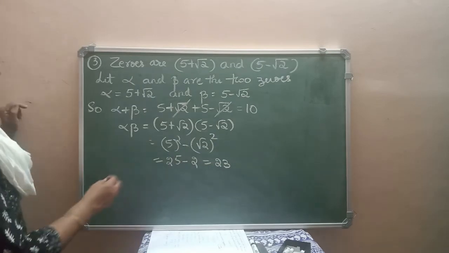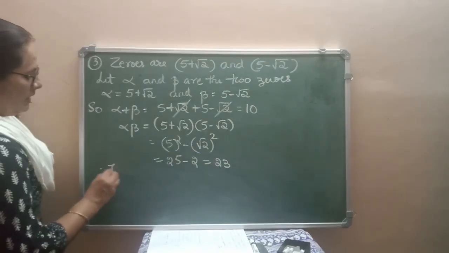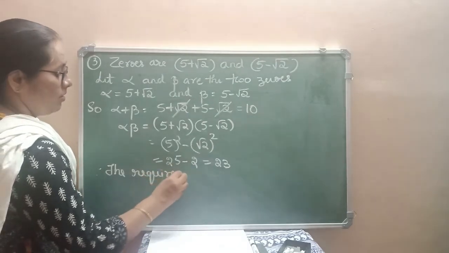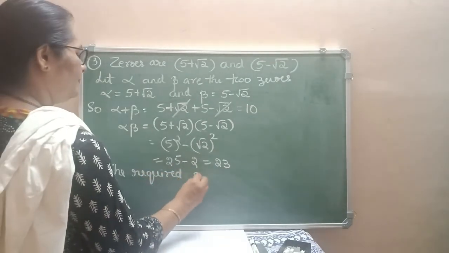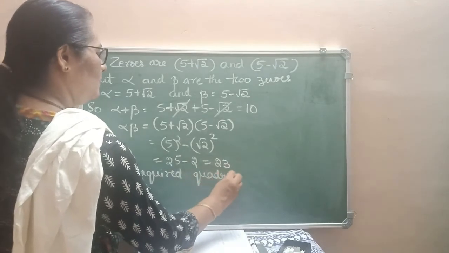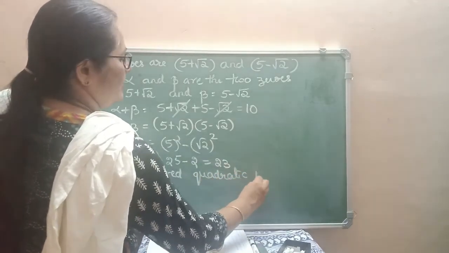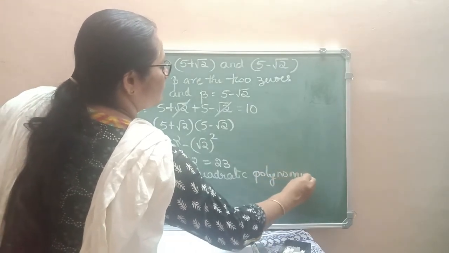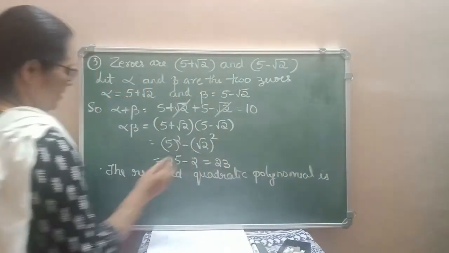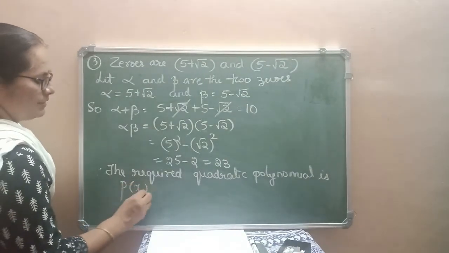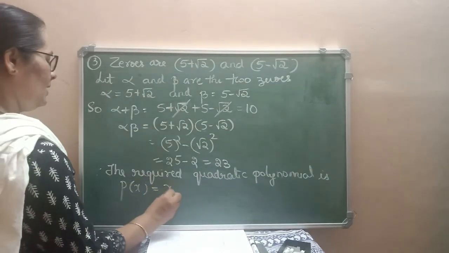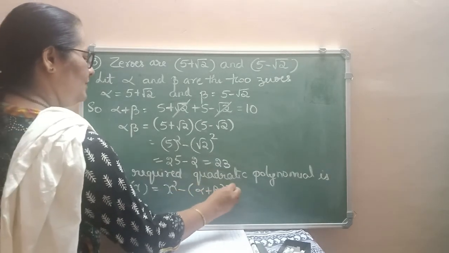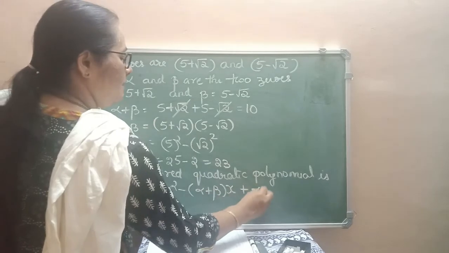Therefore the required quadratic polynomial is p of x equals x square minus alpha plus beta into x plus alpha beta.